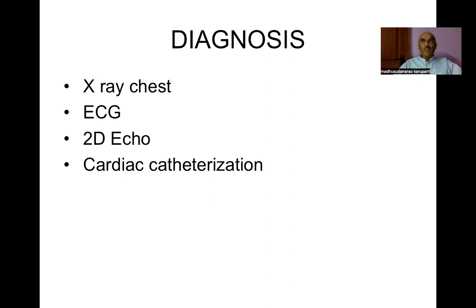ECG reflects left ventricular hypertrophy or left ventricular dilatation. With the onset of pulmonary arterial hypertension, potentials are increased even in the right chest leads.